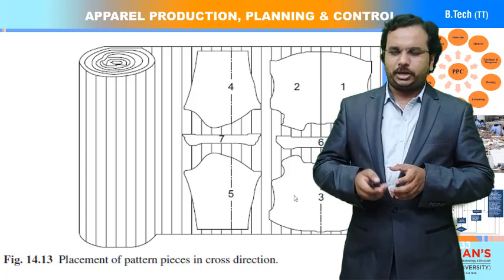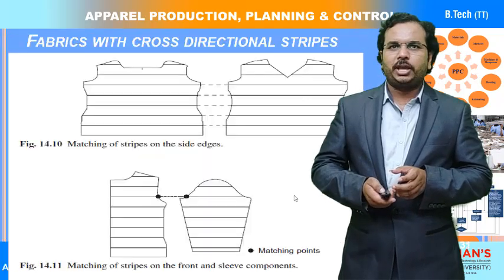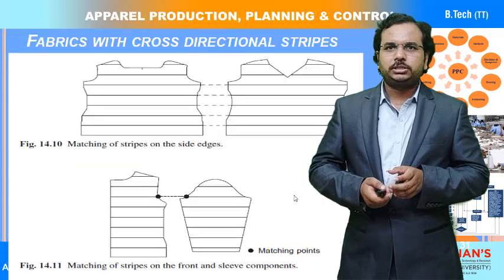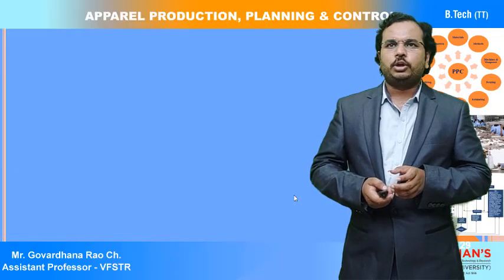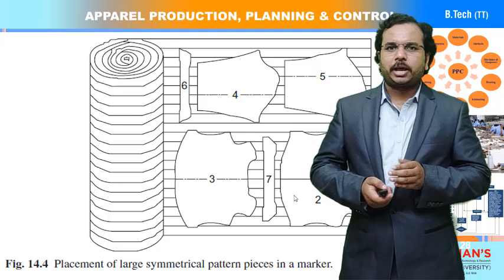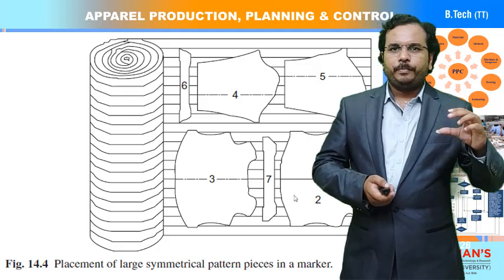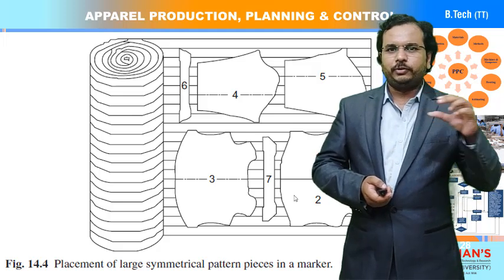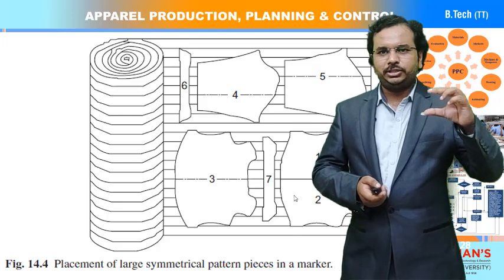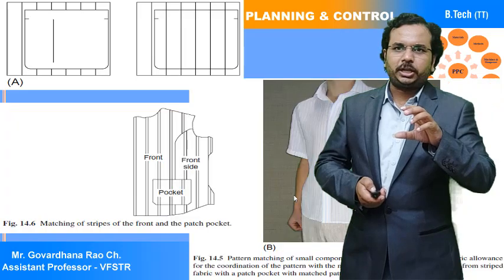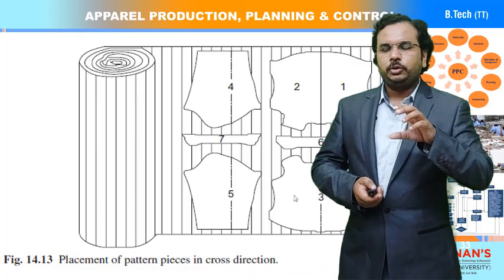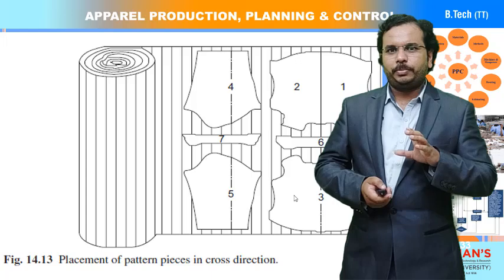You can observe in the previous image, see this particular image, the length direction where we have the panels matched. The body part or sleeve is arranged in the length direction. Now you can see this particular image. Now how have they kept it?